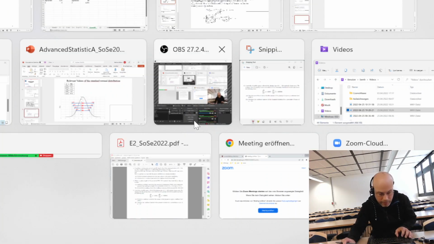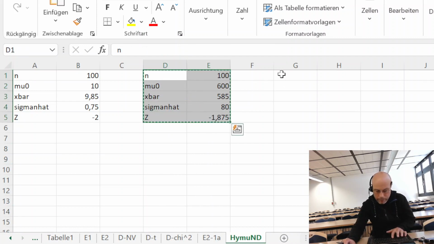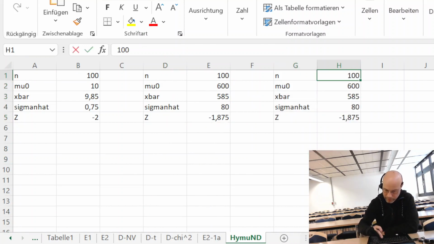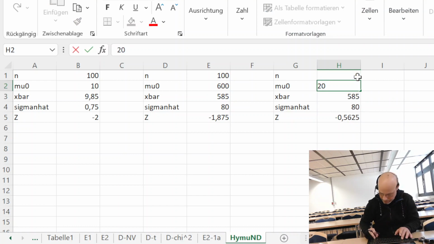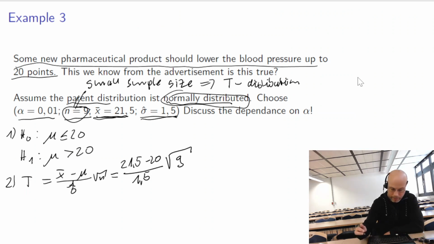Let's calculate this again. So we have 9, we have 20, we have 21.5, and we have 1.5, and we obtain a test statistic equal to 3.